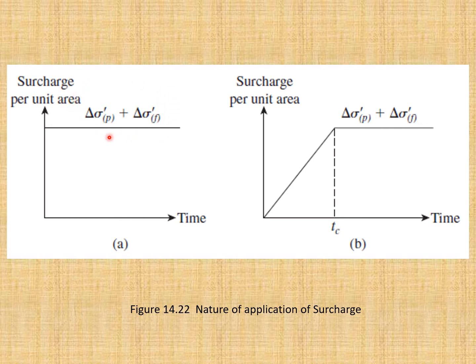In that case, we will place the surcharge slowly. Let's say you have placed this much surcharge slowly over a period of 1 month. This type of loading is called ramp loading, and this is the instantaneous loading.